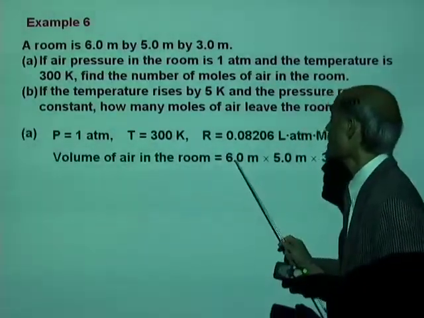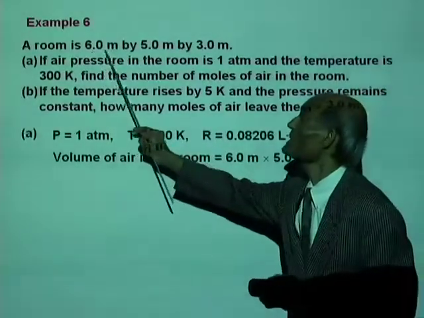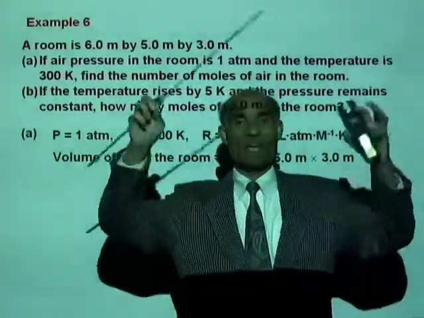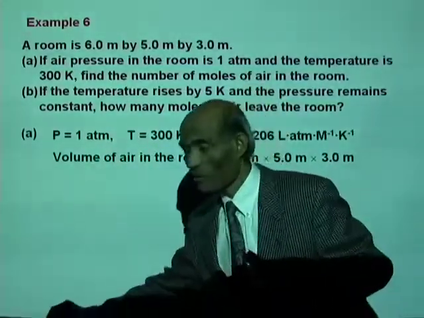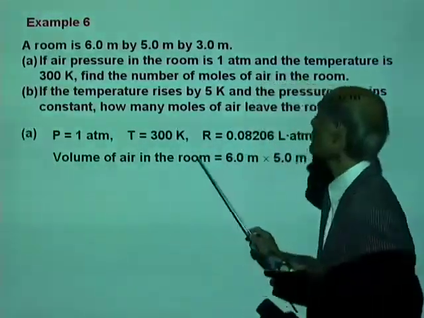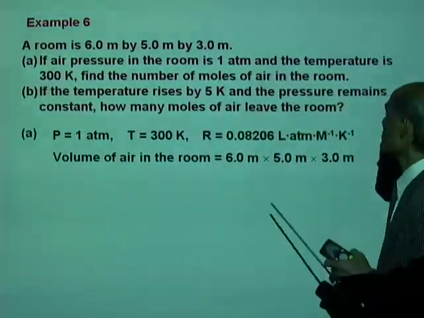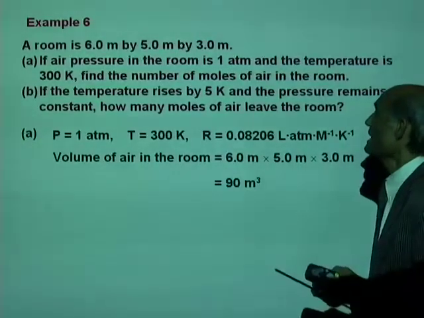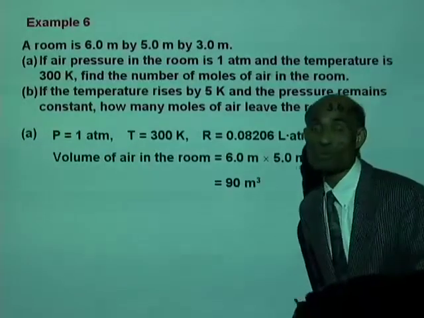Volume of air in the room is 6 meters times 5 meters. How do you find the volume of the air in a room? Length multiplied by width multiplied by height. So the volume of air in the room is 6 meters times 5 meters times 3 meters. That is 90 meter cubed.